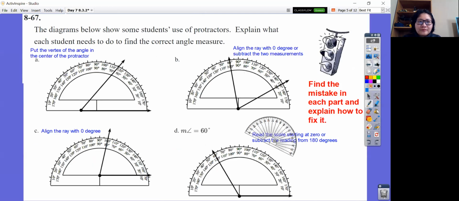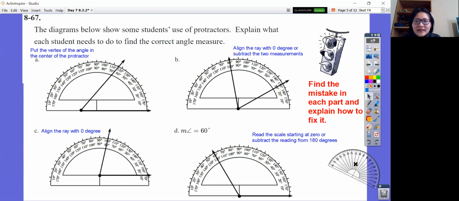Next one. Find a mistake if you have any on problem A67. If you see any mistake, then make the correction. So take a look at A. What's wrong with this? This is your angle.